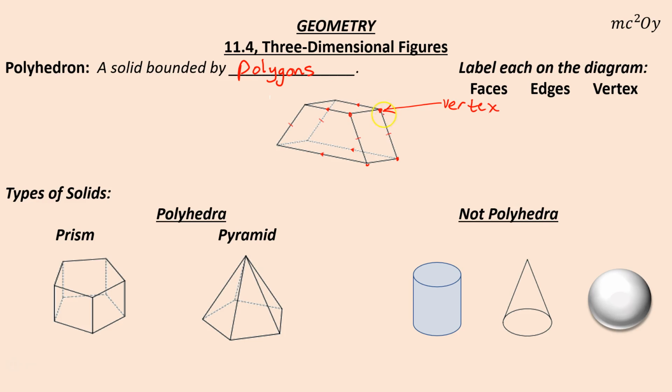Your edges are your lines, which connect your vertices. When I'm tracing here, those are all edges. I'm not doing an amazing job of tracing, but I'm trying to point out that all of those are edges. We'll label one of them here, but they're all edges.